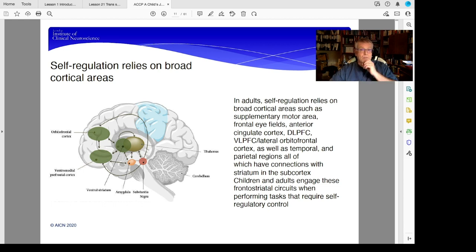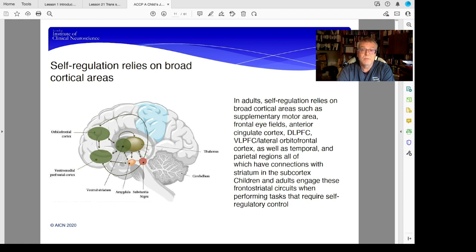Now, self-regulation, again, relies on broad cortical areas, as you can imagine. So we've got things like the supplementary motor area, the frontal eye fields, anterior cingulate cortex, as we've talked about before, dorsolateral prefrontal cortex, ventrolateral prefrontal cortex, lateral orbital frontal cortex, as well as the temporal and parietal regions, all of which have connections with the striatum and in the subcortex.